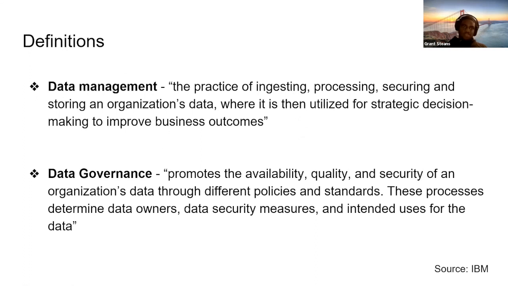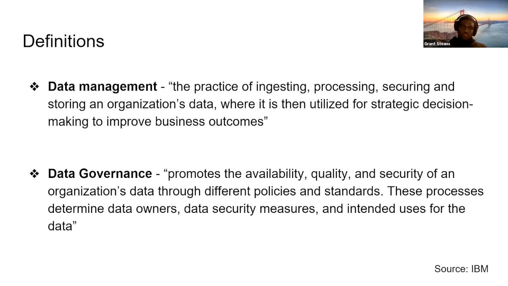So data management is the practice of ingesting, processing, securing, and storing an organization's data where it is then utilized for strategic decision making to improve business outcomes. Data governance is promoting the availability and quality, security of data through the different policies and standards that are put in place through strategic planning.